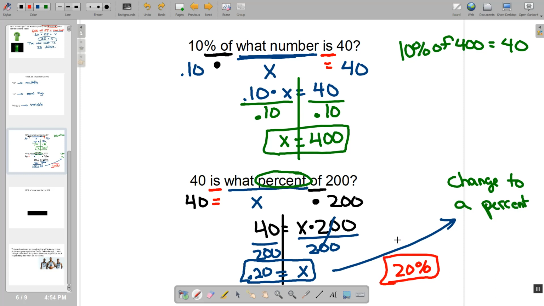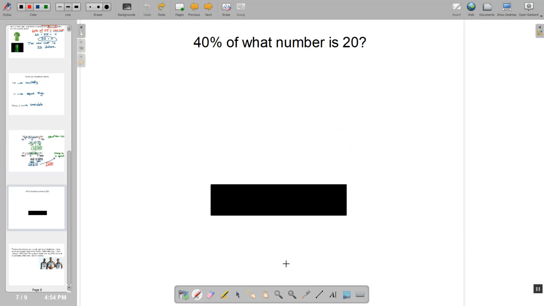Let's do one more. 40% of what number is equal to 20? Last time, we're going to identify our keywords. "Of" means times. "Is" means equal. "What number" is our variable. Change to a decimal and rewrite our last number normally. From here, I just want to rewrite my equation a little bit closer together just so it's easier to read.